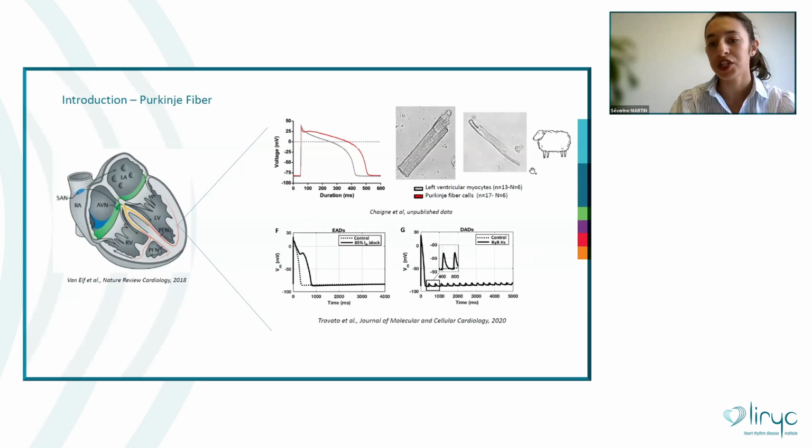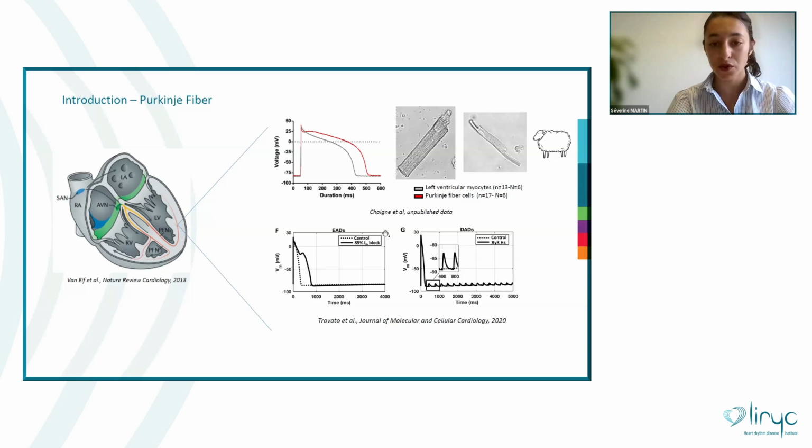Such as our team, which succeeded in isolating left ventricular cardiomyocytes and Purkinje cells from sheep. And you can see here the action potential in red from left ventricular myocytes and in blue from a Purkinje cell. As you can see, the action potential duration is longer in Purkinje cells than in left ventricular cardiomyocytes.